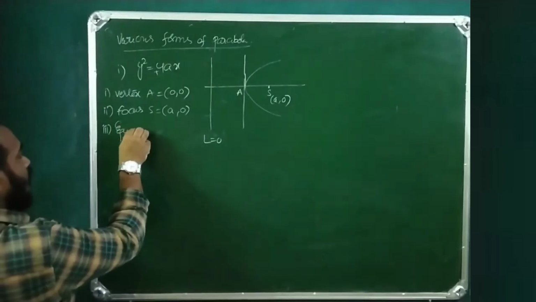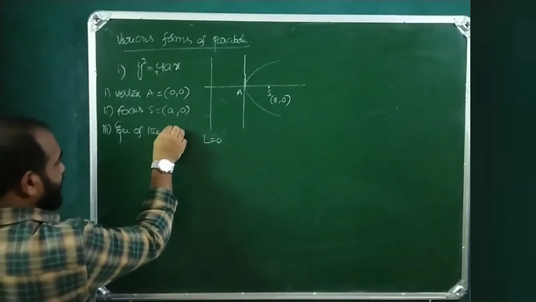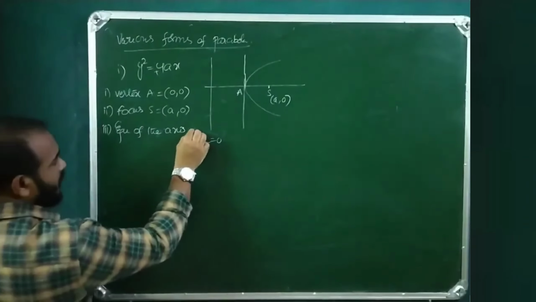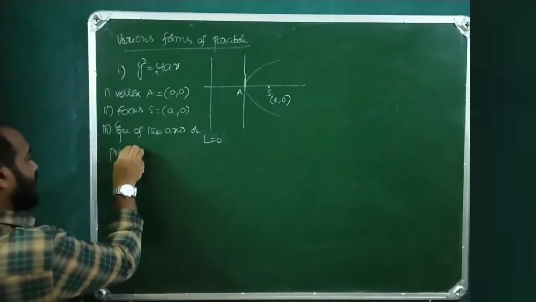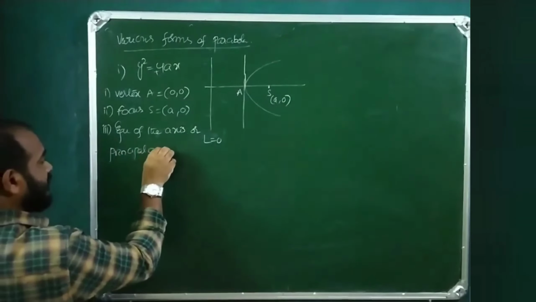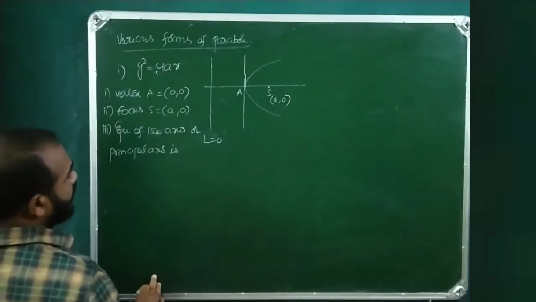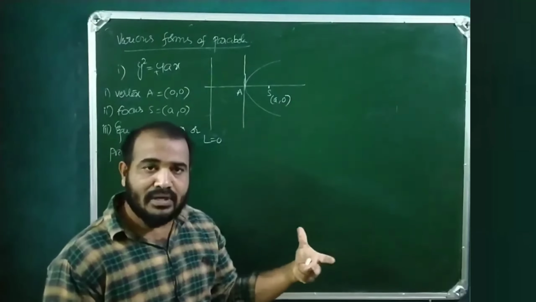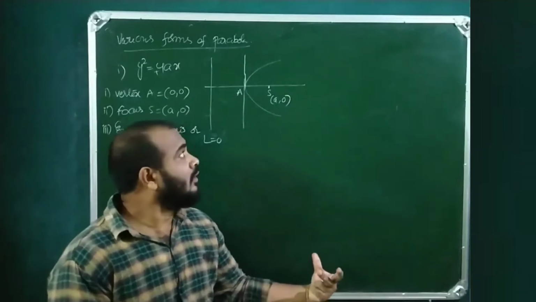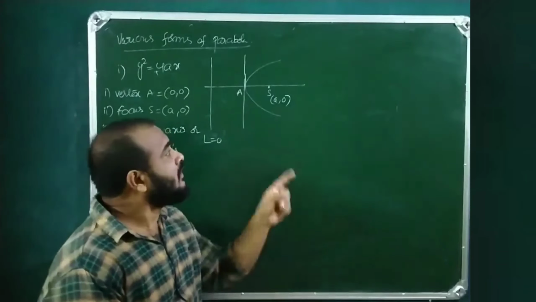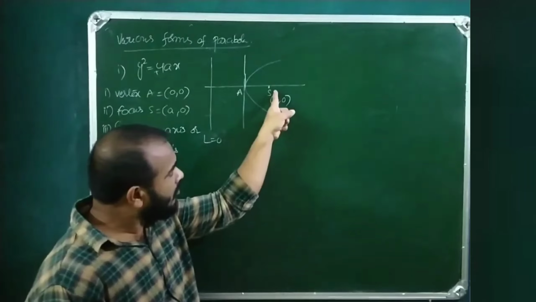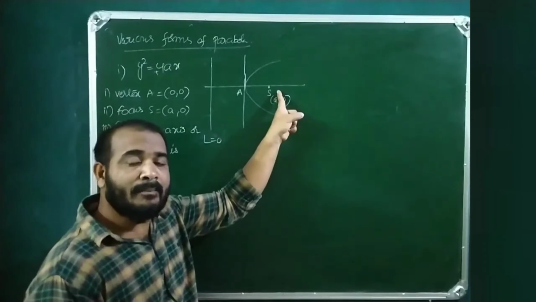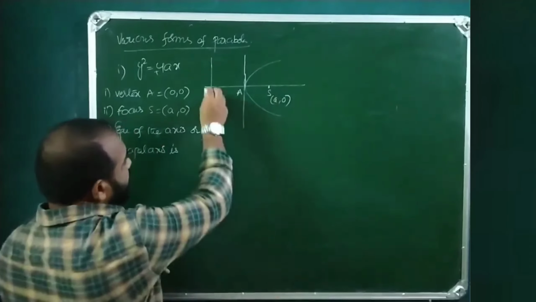And the equation of the axis, or principal axis, both are the same. The principal axis can be defined as the straight line which passes through the fixed point, the focus, and which is perpendicular to the fixed line, that is the directrix.